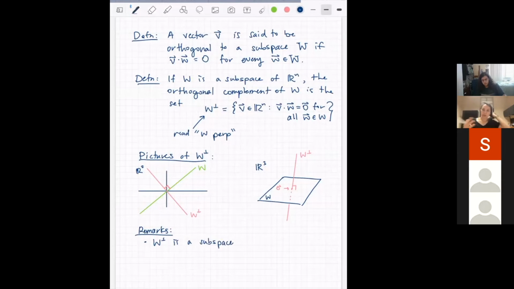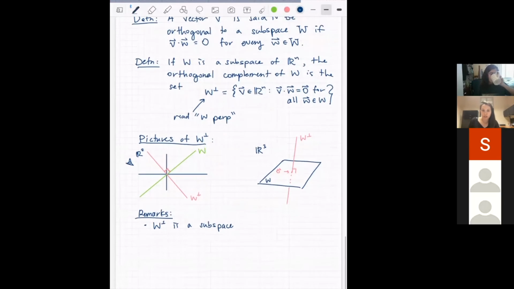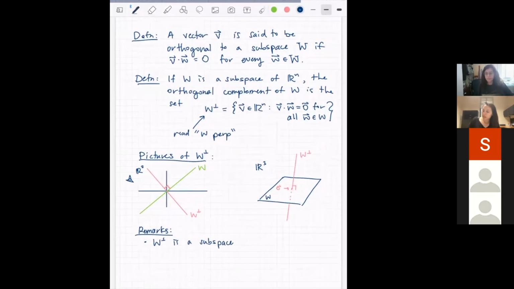So we have W, which is a subspace, and if we take W perp, we again get a subspace. In R2, when we had a line through the origin, W perp was also a line through the origin. And in R3, when we had a plane through the origin, W perp was a line through the origin. So this is a subspace.